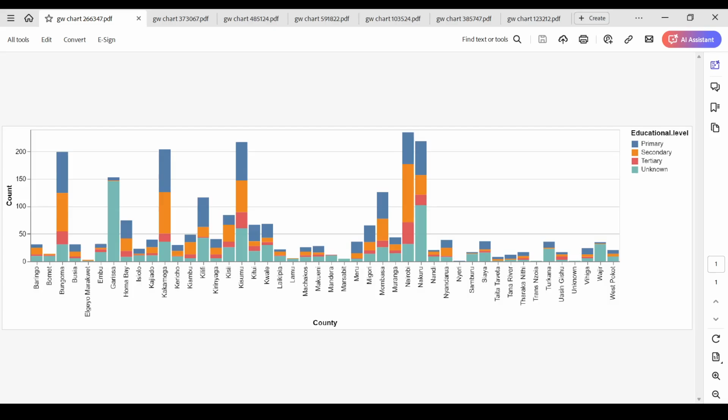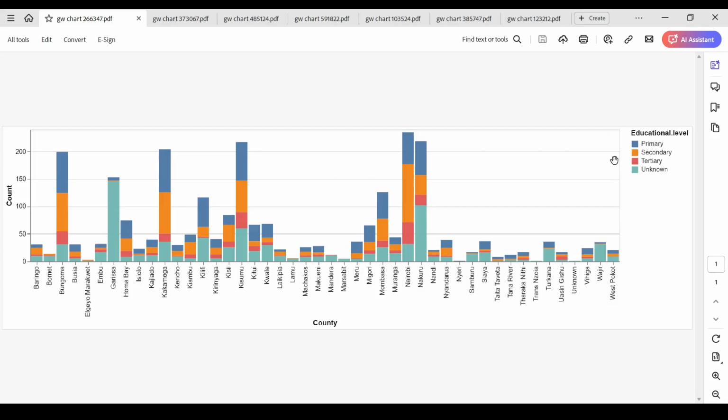I exported it as PNG and then converted it into a PDF. So you can see the first plot. You have all your counties. There are 47 counties in Kenya, and this category of unknown is maybe where the county name was not provided in the maternal death review form.